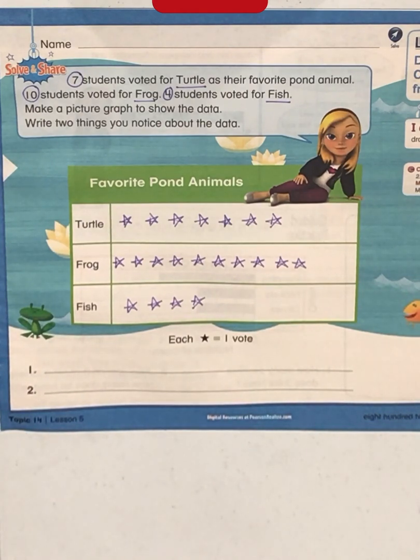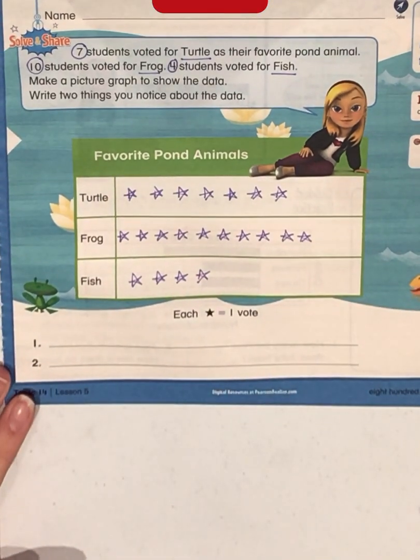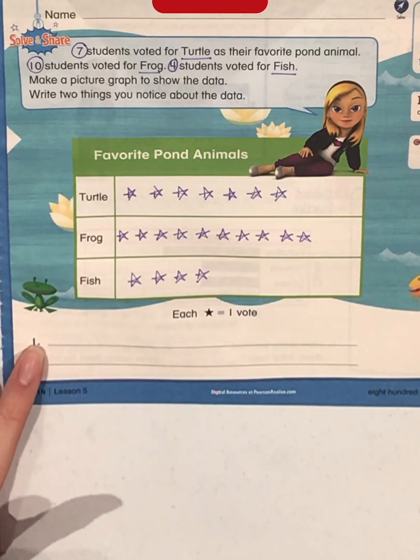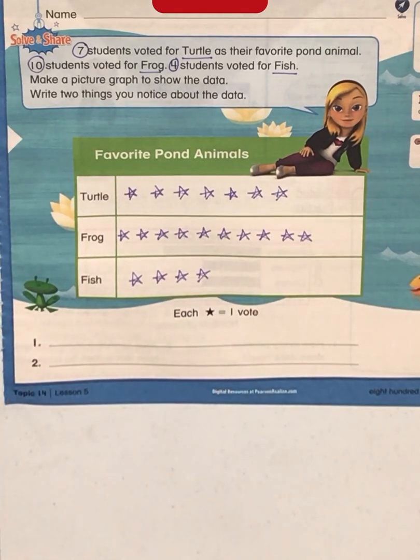You could tell me what the least favorite pond animal was or the most favorite pond animal was. You could tell me that more students liked frogs than fish. Okay, so there's all kinds of conclusions that you could draw from our graph. I'm going to give you one, and then I want you to come up with one on your own.